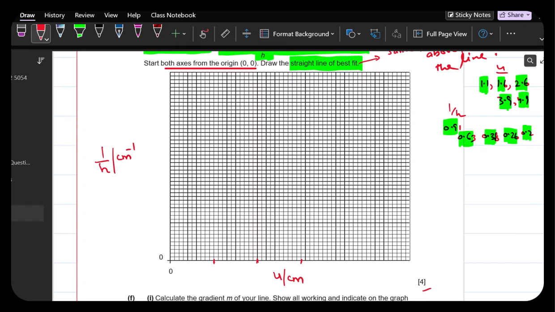So nearest half a square we have to use, and I'm using one small box equal to some value. Here are the values: 2, 4, 6, 8, 10. Okay, my scale is set. I will take this as 1, 2, 3, 4, and 5, because 4.9 is the biggest value for me and it is going to be covered here.